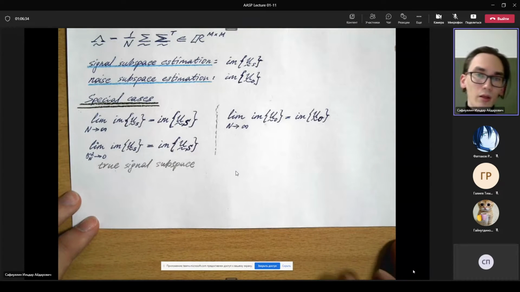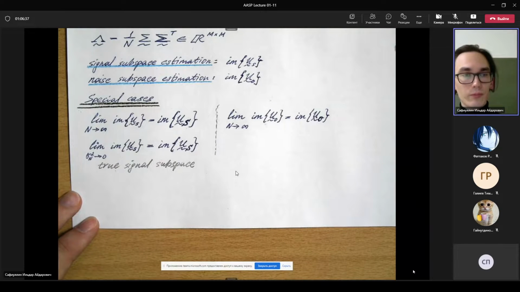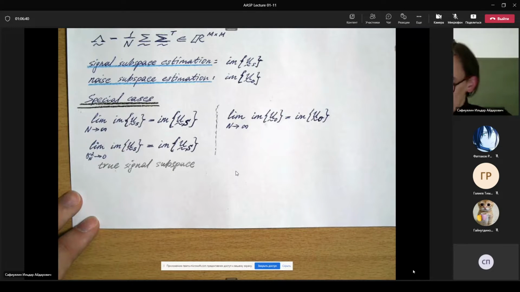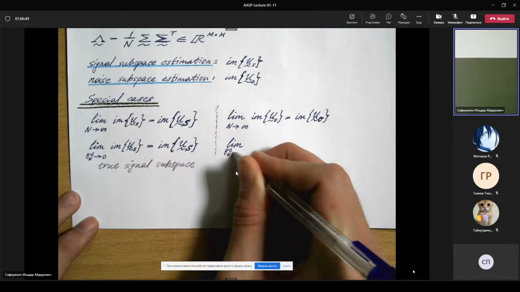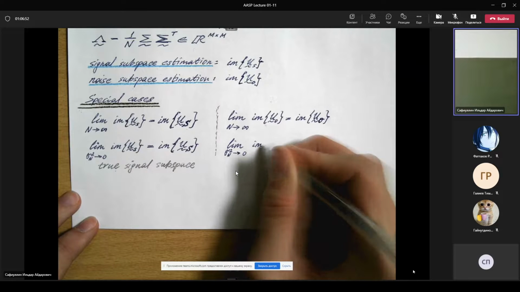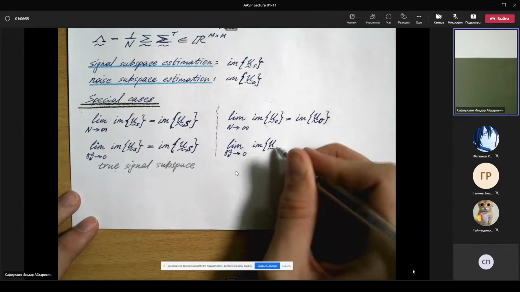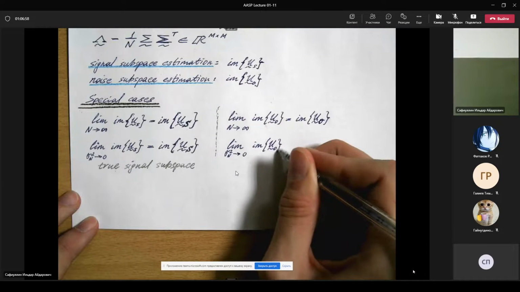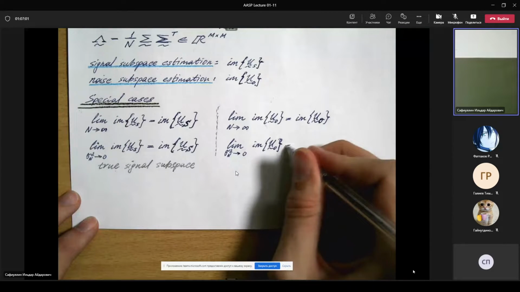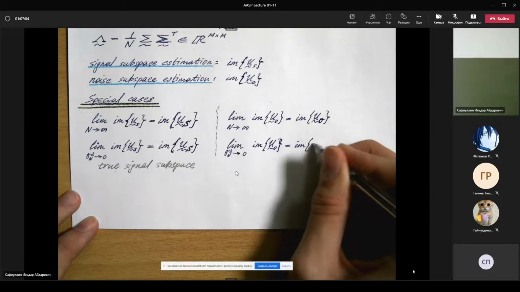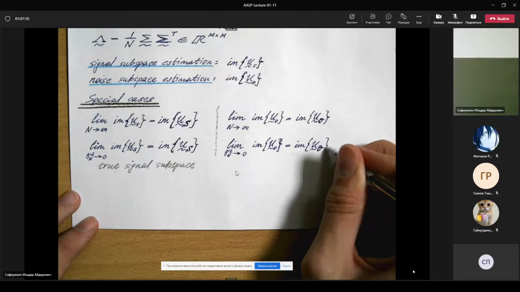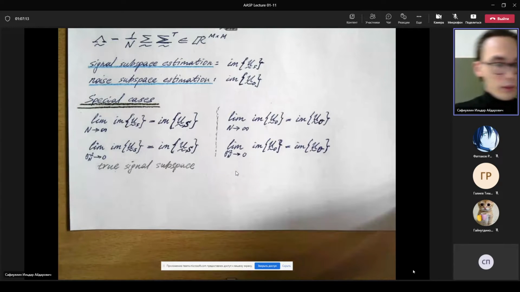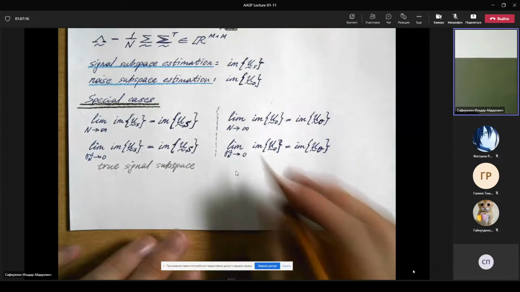And the same thing for sigma n squared, or the variance of the noise, which goes to 0. Here we have image of u subscript small o. It will go to image of u subscript capital O. And this one is the true noise subspace.